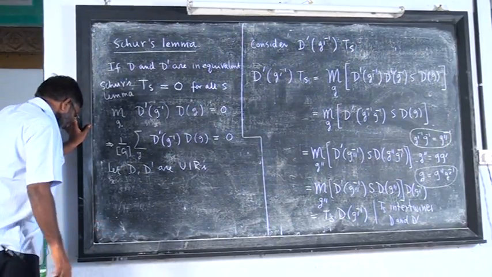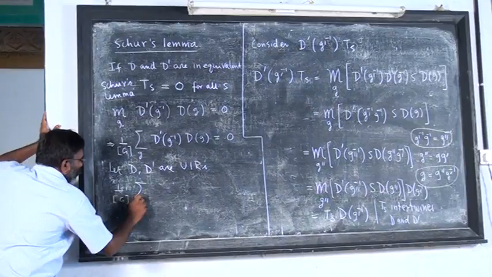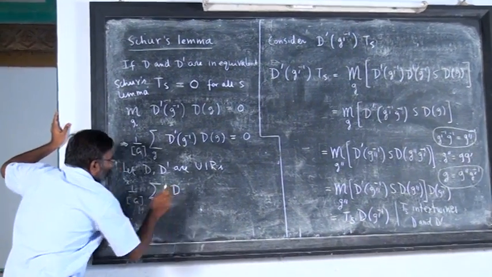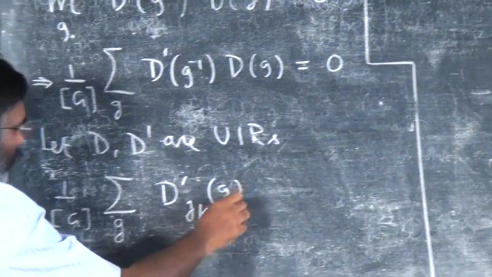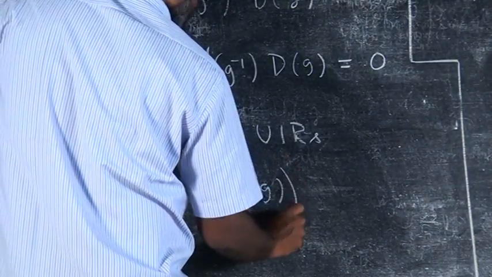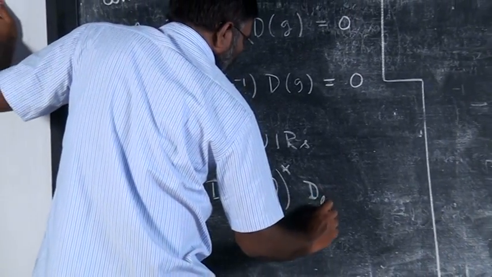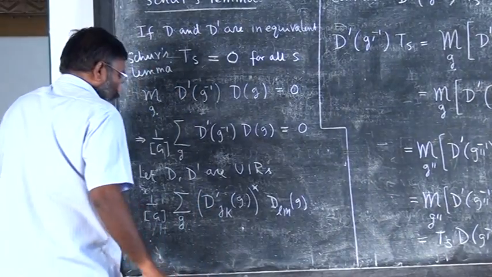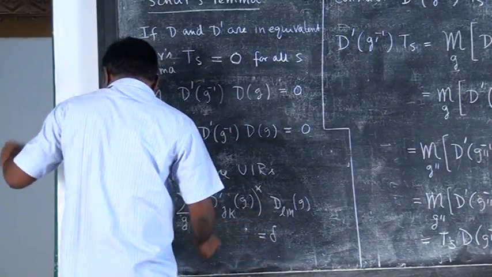You can say that 1 over order of G, sum over all the group elements G, D prime of jk of G, which means it is the jkth element of this matrix, complex conjugated, and D of Lm of G is equal to 0.